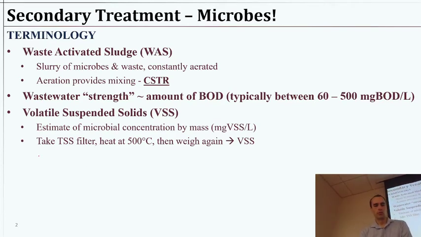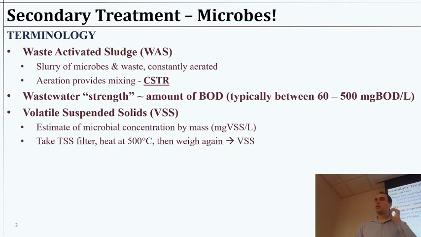So we'll get a total suspended solids, TSS, filter. We have that weight, and then we burn that at 500 degrees Celsius. It's like 800 Fahrenheit or so. So really hot. It drives off anything that could burn, oxidize, volatilize away.